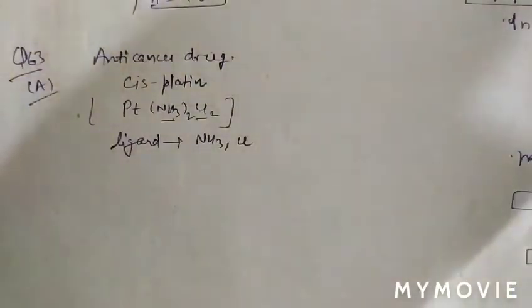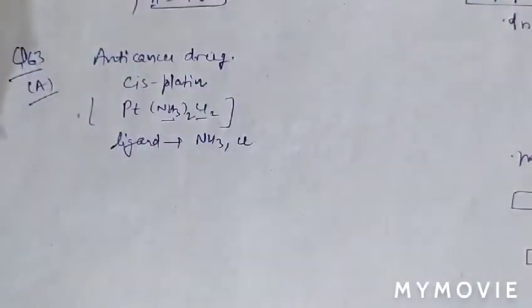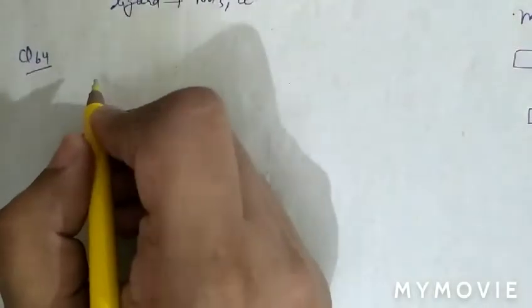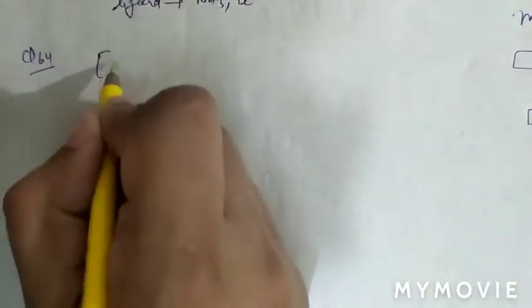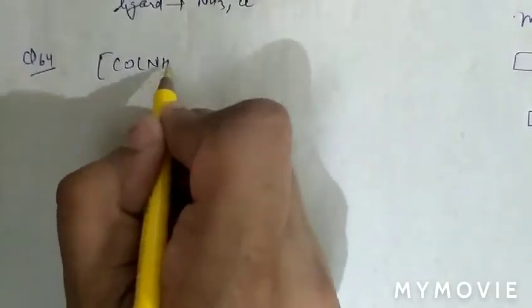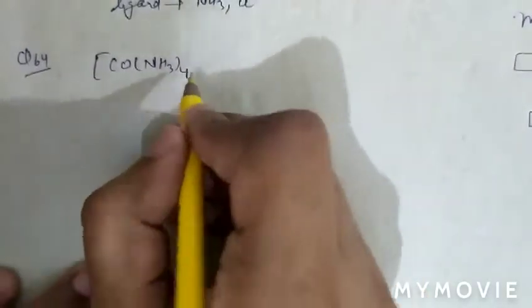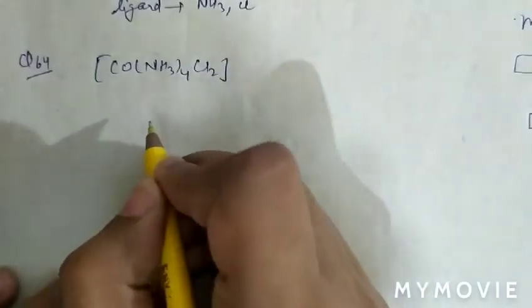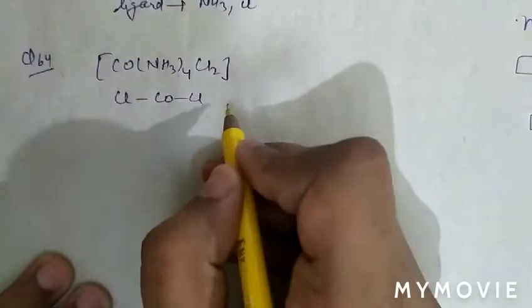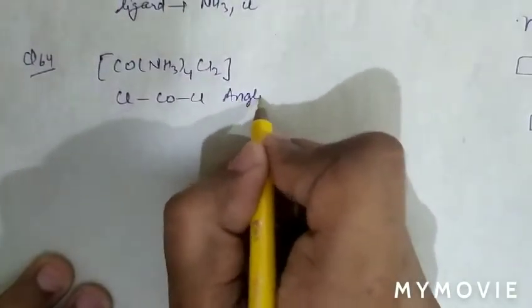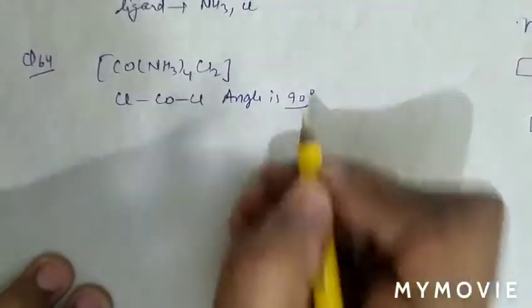See question number 64. In question number 64, what is given there? The question is, in a particular isomer of this compound, that is Co(NH3)4Cl2, the Cl-Co-Cl angle is 90 degrees.